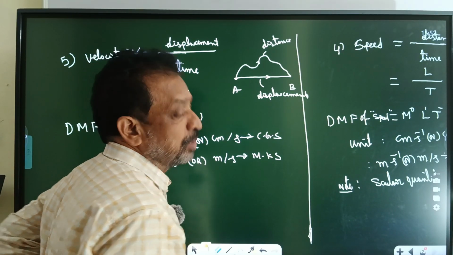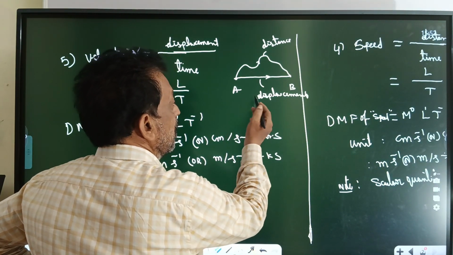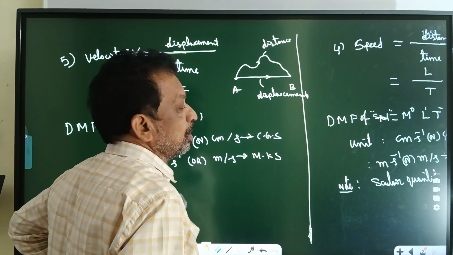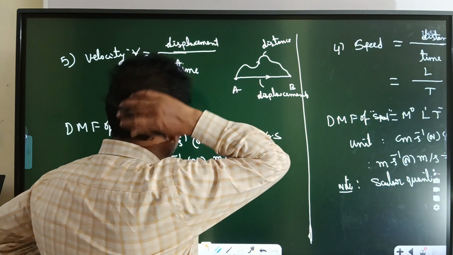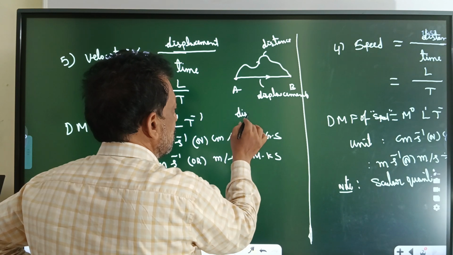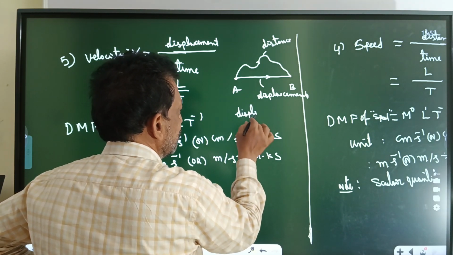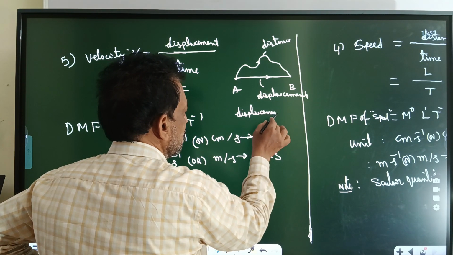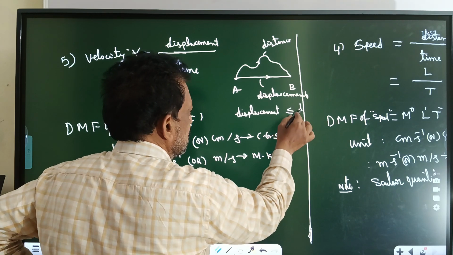Distance never becomes zero. Displacement can become zero and negative also, but distance never becomes zero or negative. So displacement is less than or equal to distance.